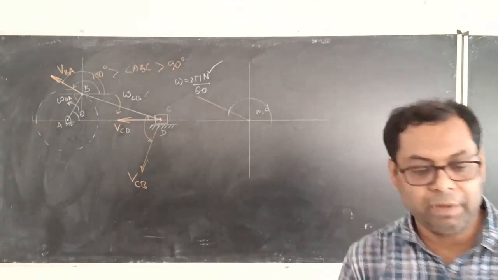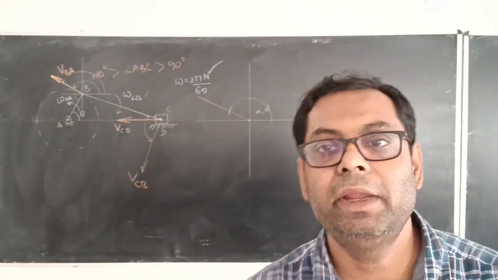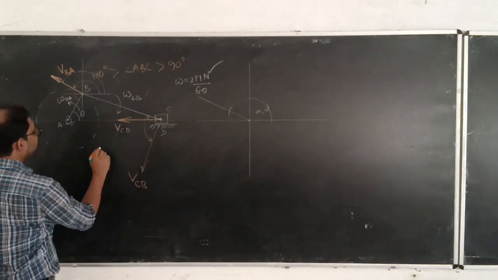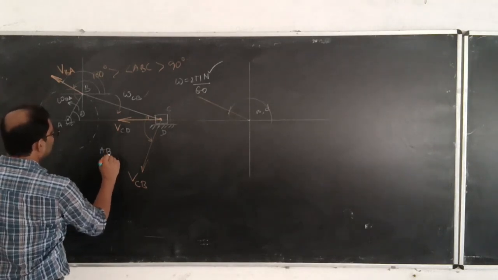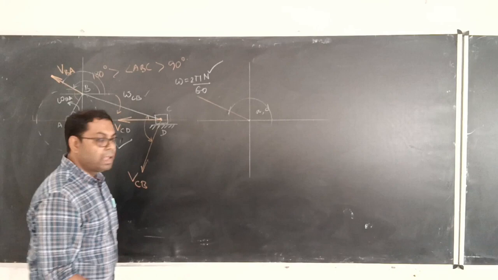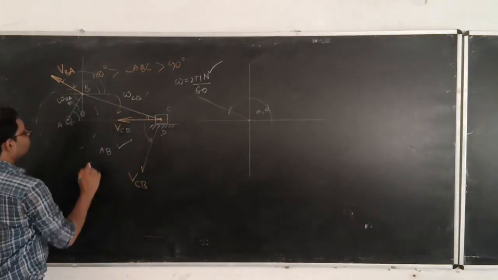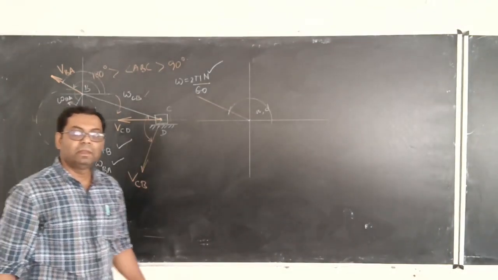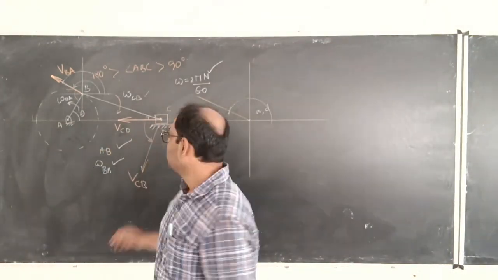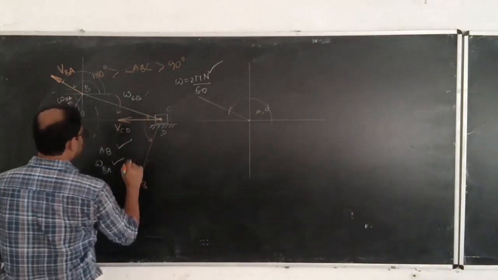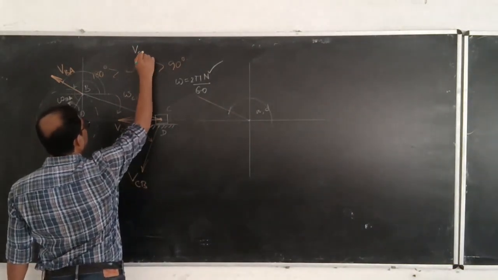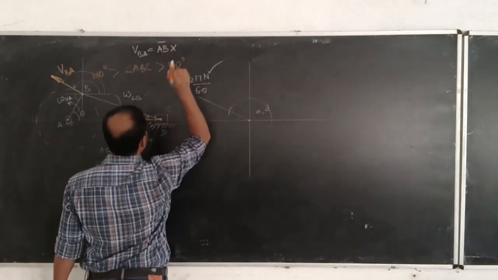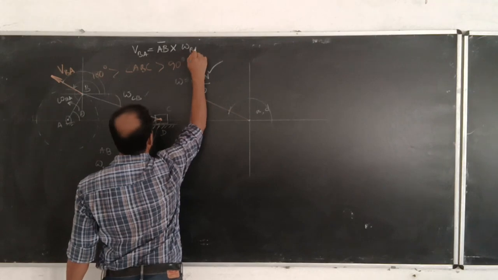But in the numerical problem, they will definitely provide us this information: the length AB will be provided to you, as well as this omega BA will be provided to you. Now we know that VBA is equal to length AB multiplied by omega BA.